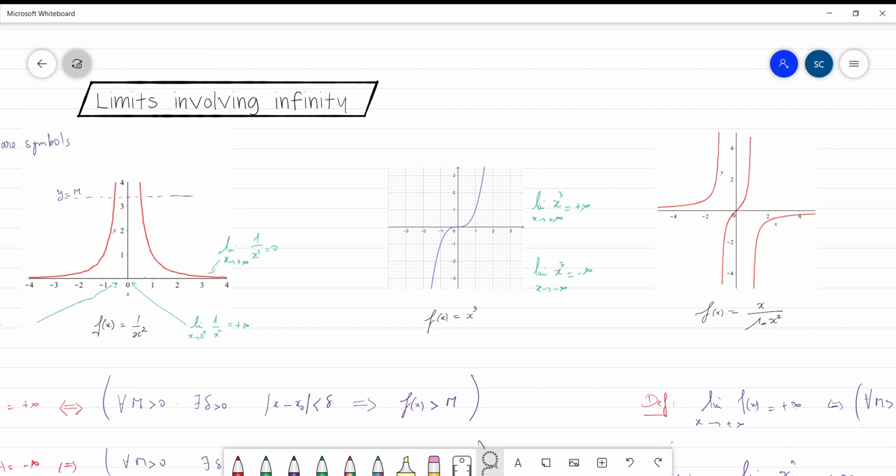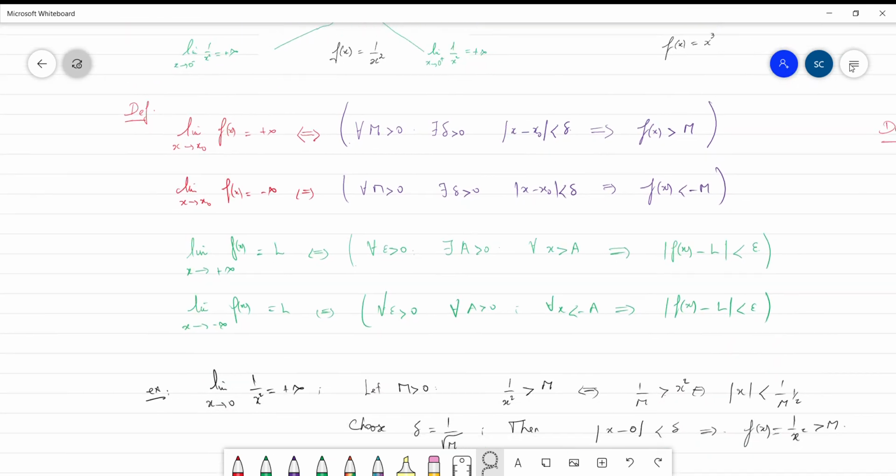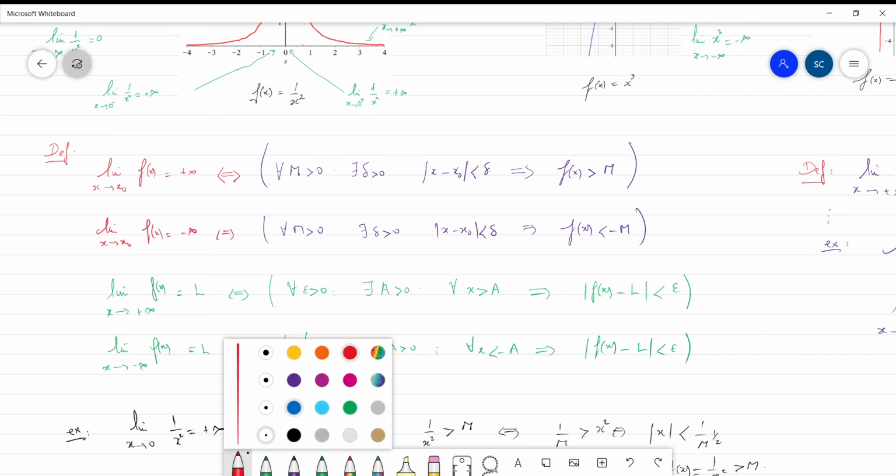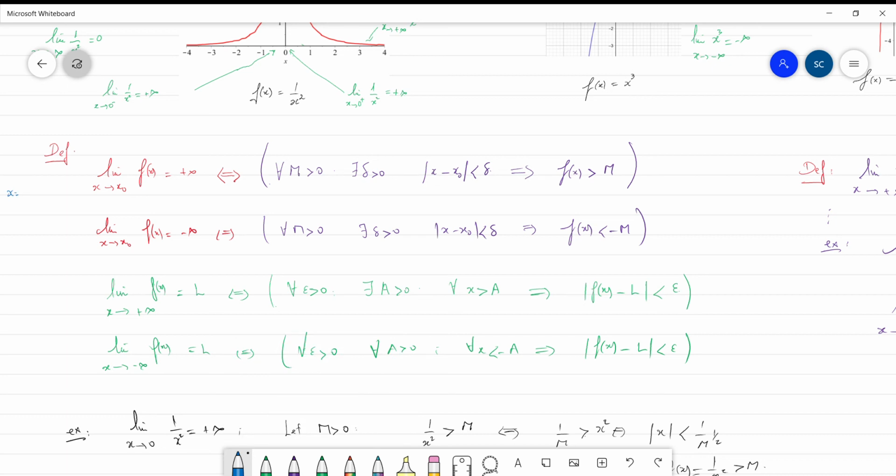So let's just add the terminology here. For this situation, let's choose another color, the blue maybe. Here I will say the line x equal x0 is a vertical asymptote.